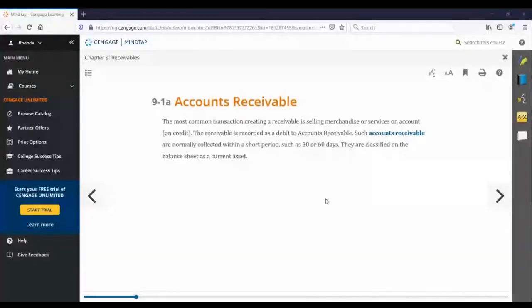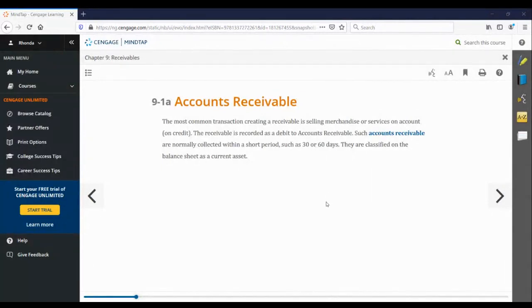Are you seeing Blackboard? Yeah, I'm just seeing a blank screen right now for Blackboard. Okay, let me try this again. Okay, can you see it now? Oh yes, I see the text now.